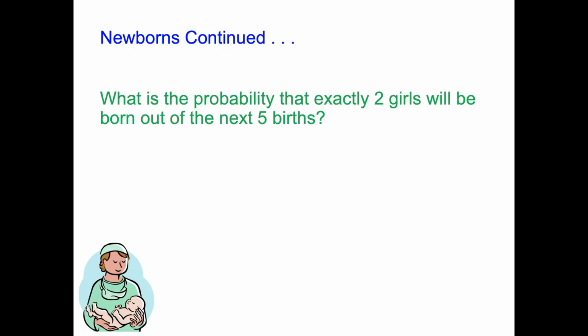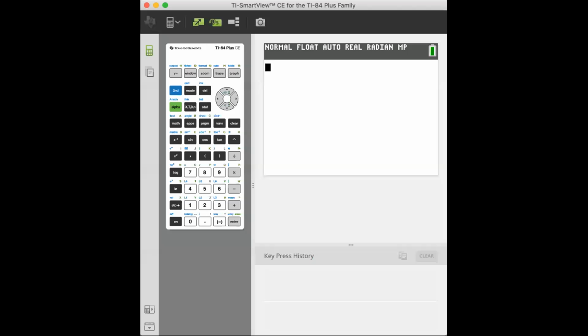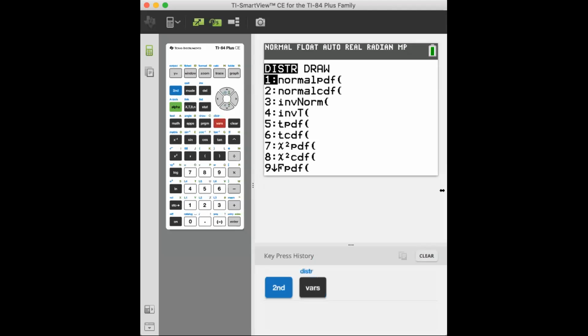Here is where you need to take out your calculator. On your calculator, you're going to press second, the blue button, and then vars. Above it you see distribution. Click that, and you should see this screen.